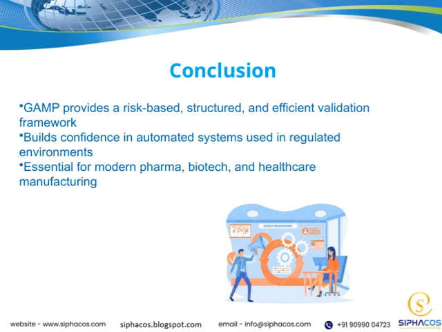It's especially crucial for modern pharma, biotech, and healthcare manufacturing, where compliance and patient safety are paramount. As we've seen throughout this presentation, adopting such frameworks ensures our processes are robust, reliable, and compliant, supporting innovation while maintaining high standards.